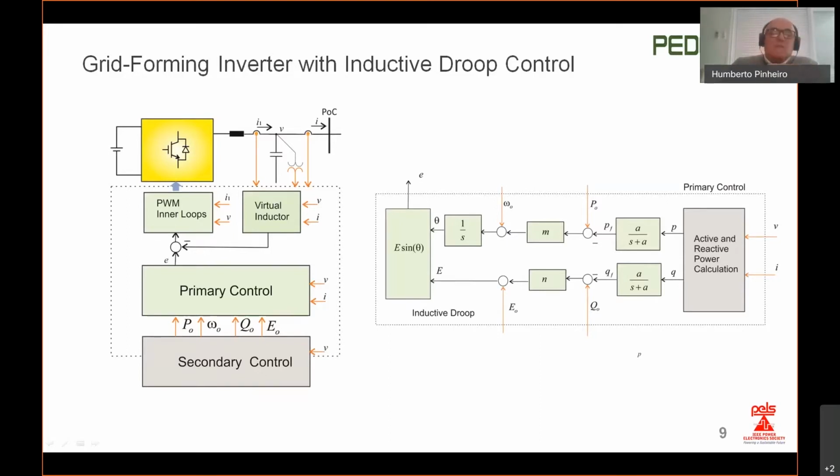There is an alternative, resistive Droop, for instance, which is another candidate for implementation of this primary controller, but we decided to address the inductive Droop first, since it links with what is already implemented in the present power system.